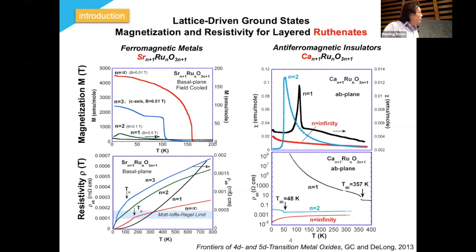For all these calcium ruthenates, they tend to be antiferromagnetic, and they tend to show an insulating state with a metal-insulator transition. One of these compounds, showing this transition at 357 Kelvin, is the one that we're going to talk about. This is single-layered calcium-2 ruthenium-04.